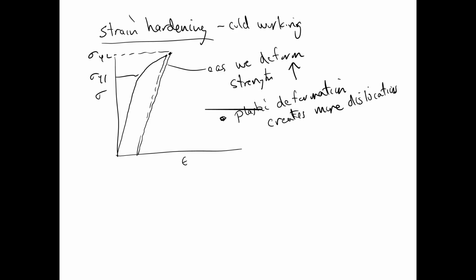So as we work the material more and more, the dislocation density gets higher and higher. And that's the idea. And we said before that the dislocations tend to interfere with each other. So we'll draw some pictures of that.